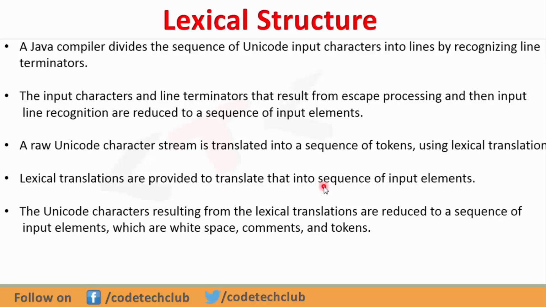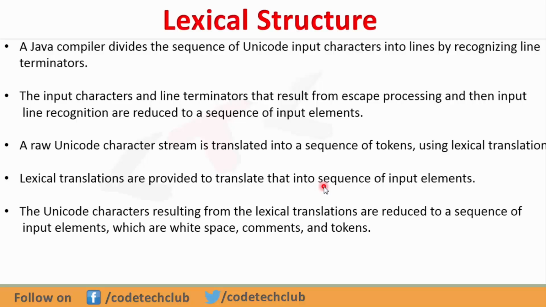The Java compiler is smart enough to identify the Unicode input characters and recognize the line terminators. So when we write a program in Java, the compiler divides the sequence of Unicode input characters into lines by recognizing the line terminators.